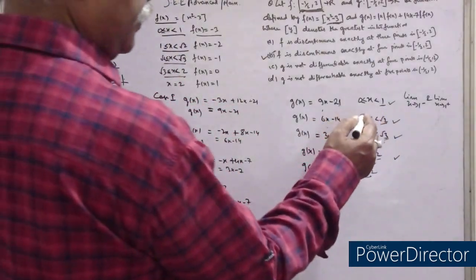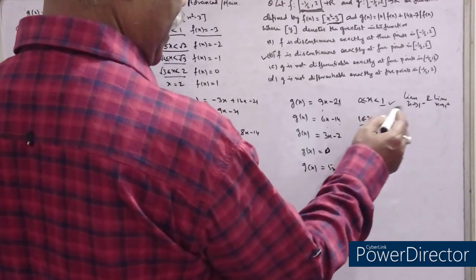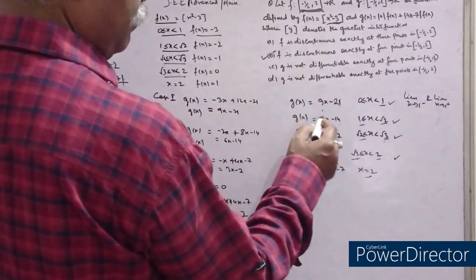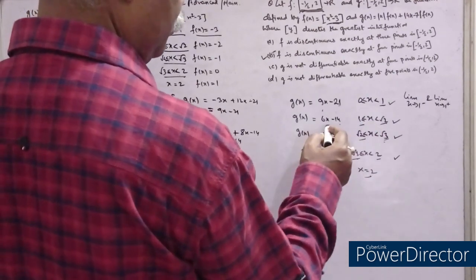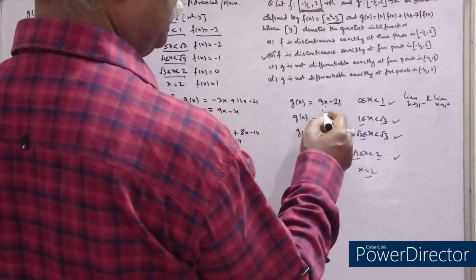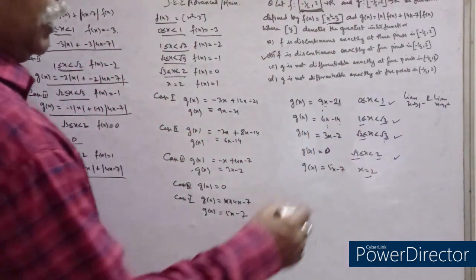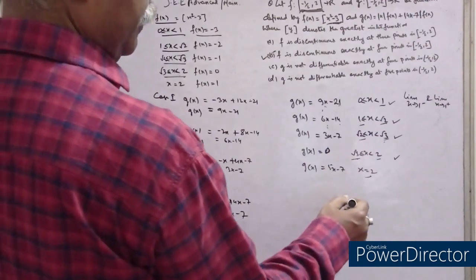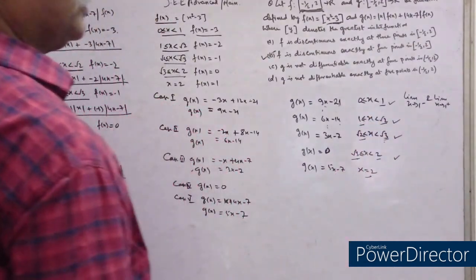For x tends to 1 minus, for left hand side this will be your function, for right hand side this will be your function. If you place 1 here and if you place 1 here, you see the results are different. Similarly will be the case for root 2, root 3 and 2. So there are 4 points of discontinuity.